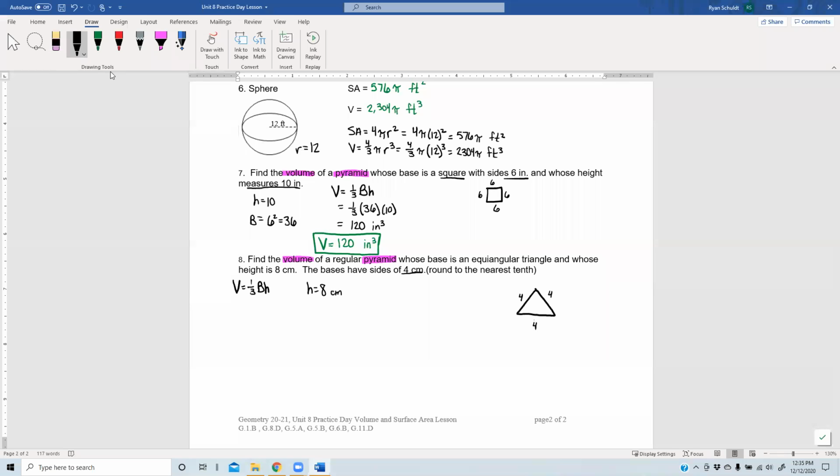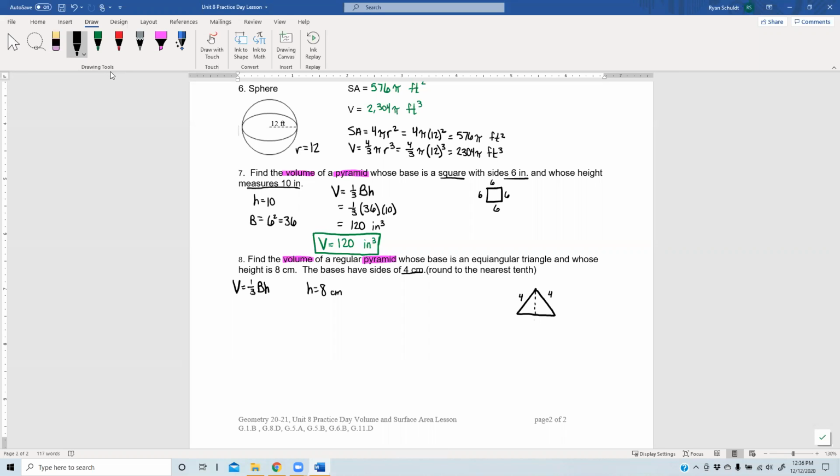So I need to find the area of this base. That's what that big B is, remember? Big B is area of the base. So I need to find this area. But to do that, I'm going to need this height right here. I need the height of my triangle. So let's do this.